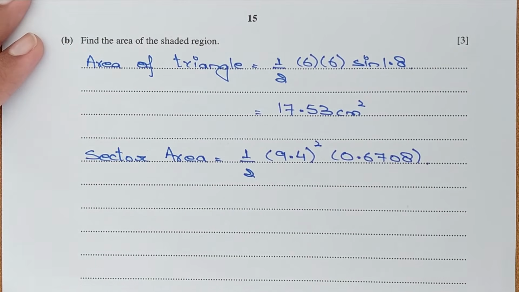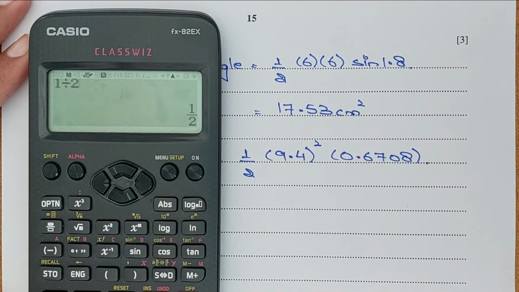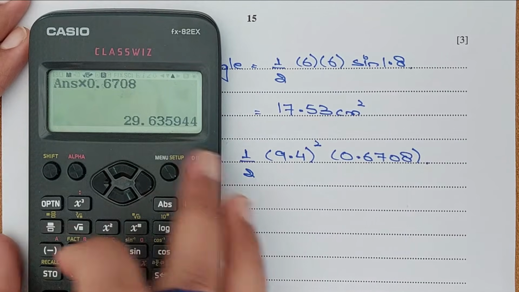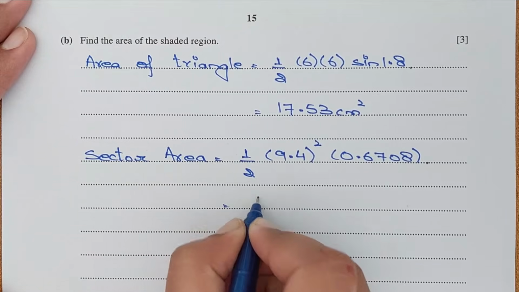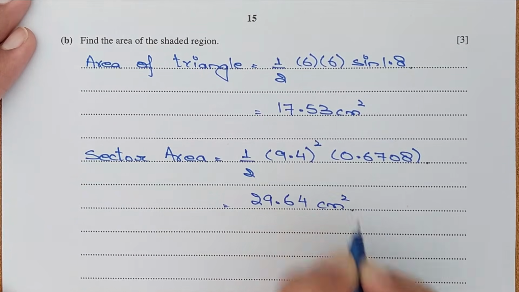Now let me calculate the sector area: 1 by 2 times 9.4 times 9.4 times 0.6708, which is 29.64 centimeter square, right?